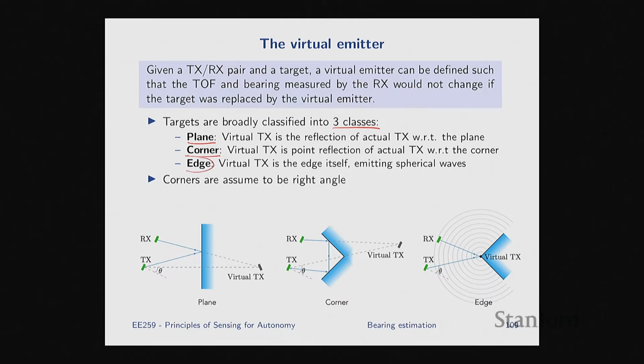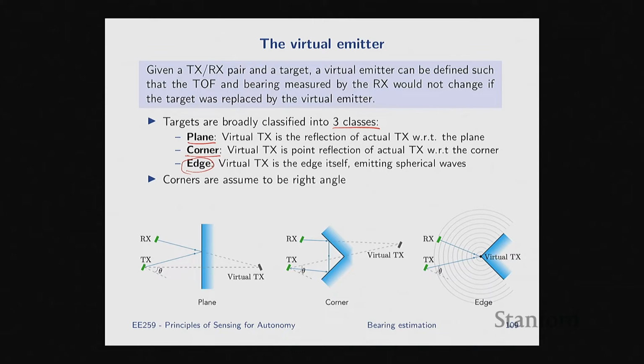And then you have edges, right? Again, 2 surfaces, but at an angle that makes an edge instead of a corner. Again, I know it's very crude. You can argue that I can have a sphere or something that is not really any of these.